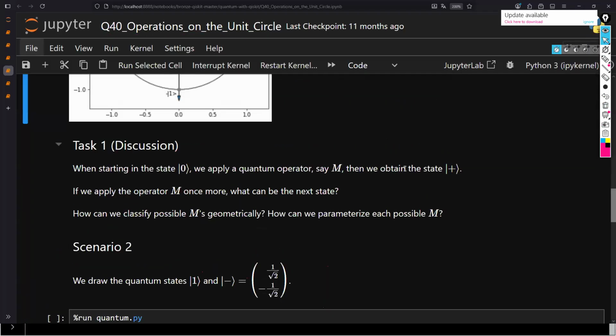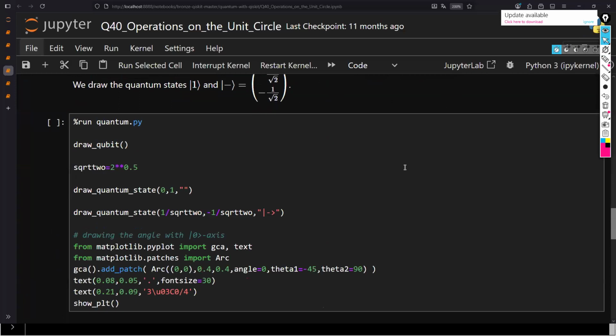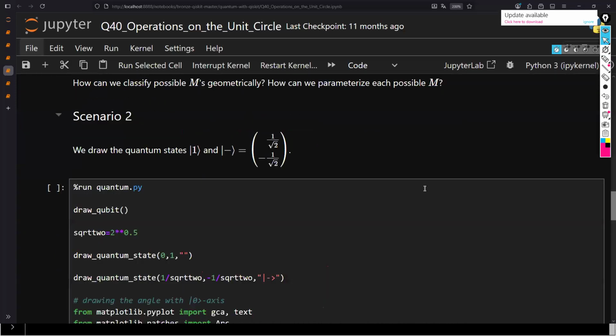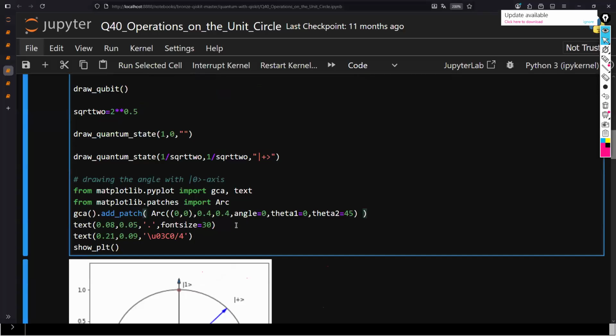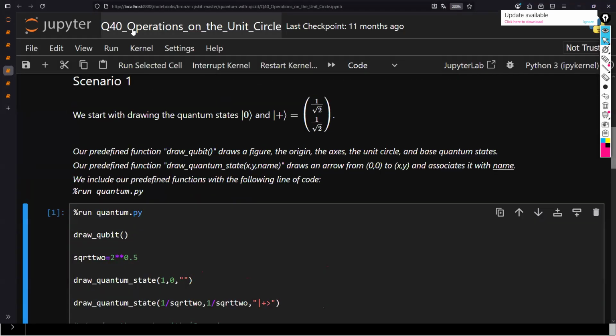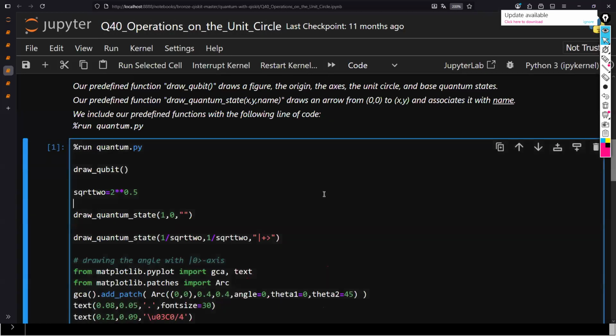Okay, so if we have now talked about these representations, let's open up the notebook on operations on the unit circle, as I have it here.